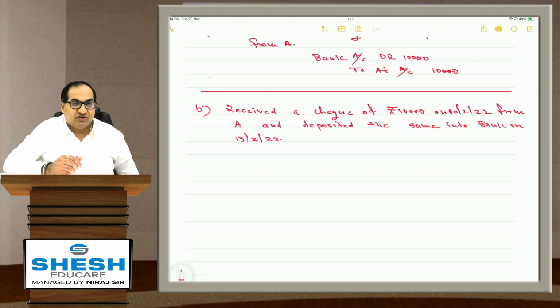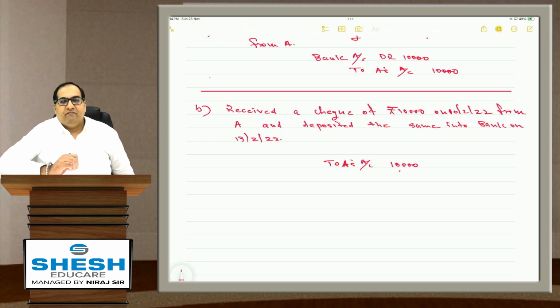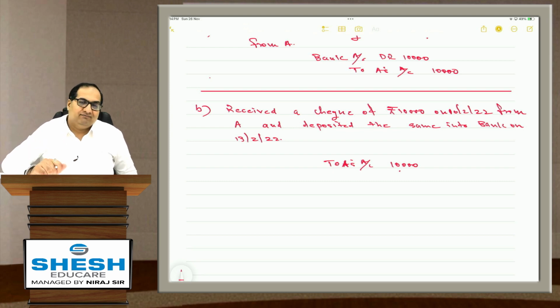So on 10th, concentrate. Definitely we will have to credit A's account because A is the giver. So A's account will be credited by 10,000 on 10th because he gave us a check. On 10th, I cannot say bank account debit because I have not deposited the check with the bank. If I have not deposited the check with the bank, the bank is not the receiver.